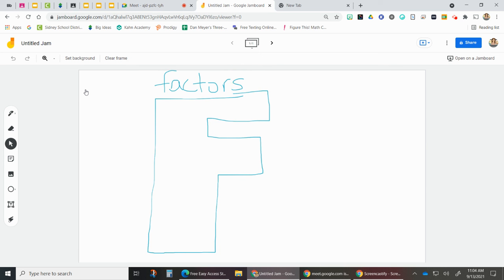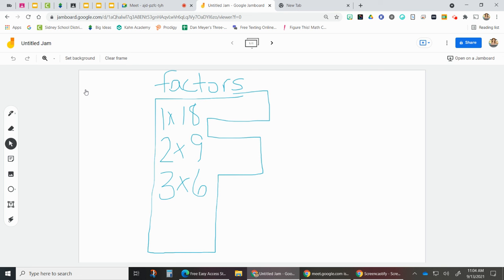And for this factor F, I'm going to put the factors of 18 in pairs. So the factor pairs for 18 are 1 times 18, 2 times 9, 3 times 6. Are there any more factor pairs? Nope. And are we talking about prime factors or just factors? Just factors. Very good.